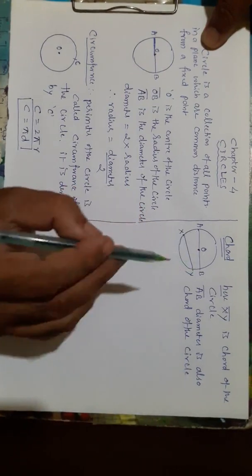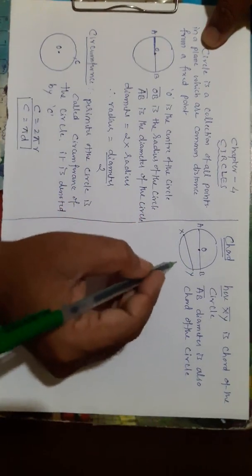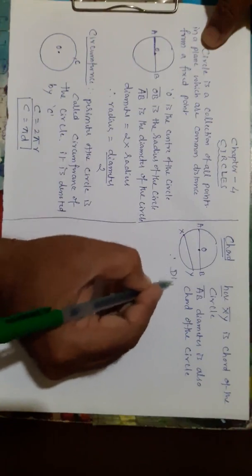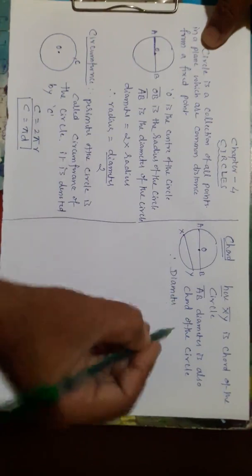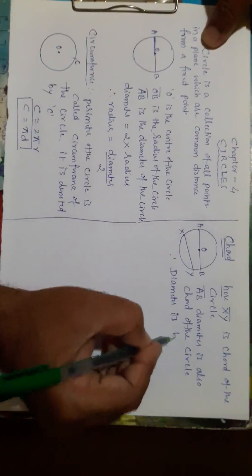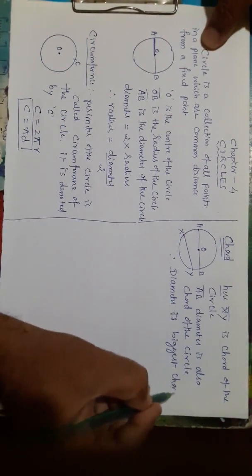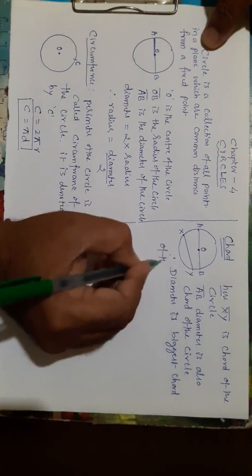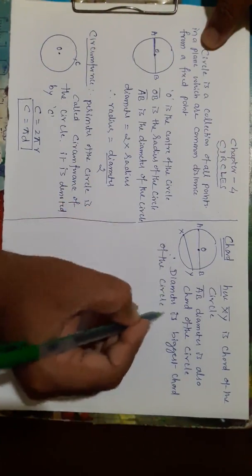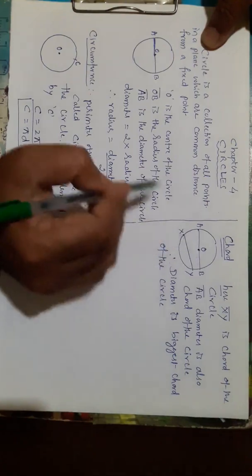The diameter is the biggest chord of the circle.